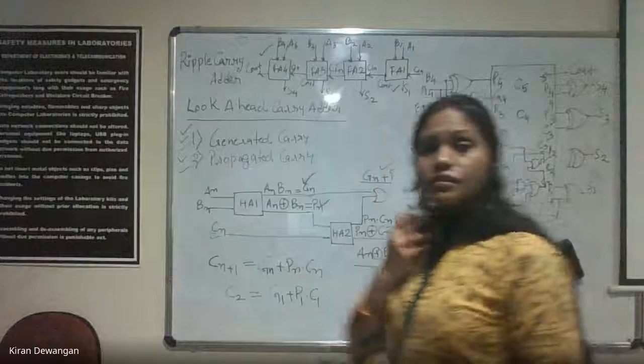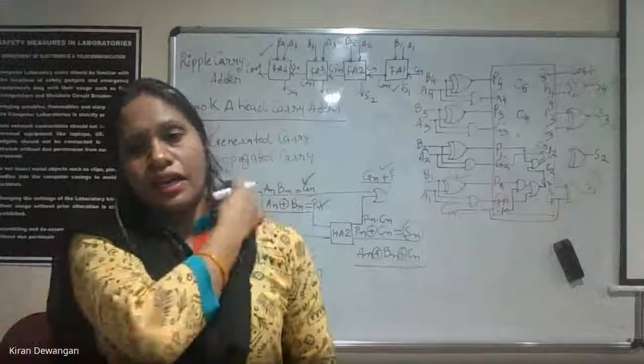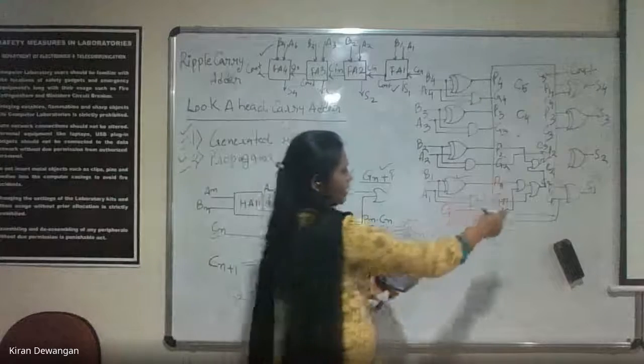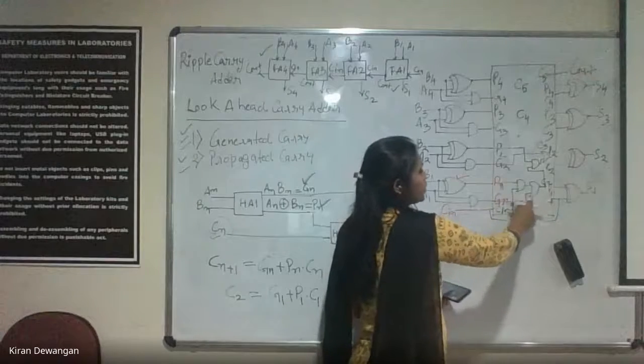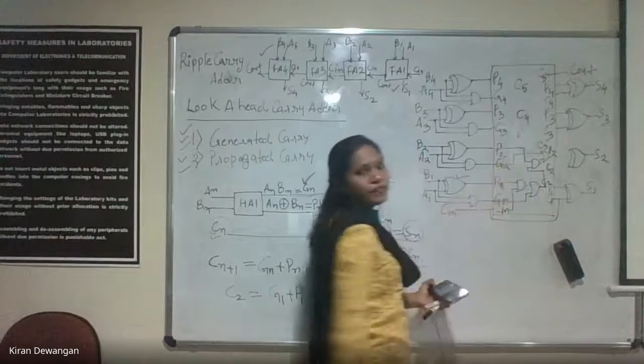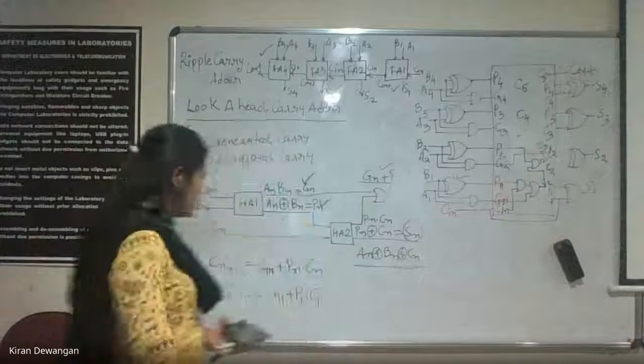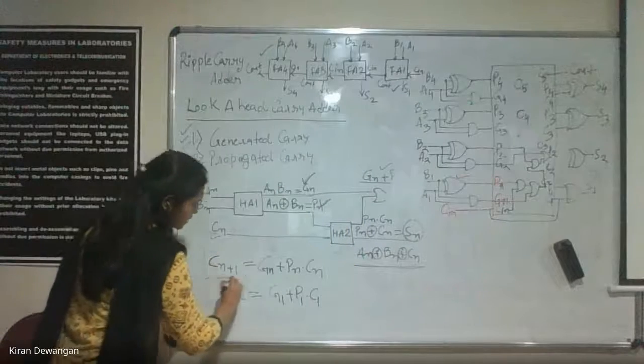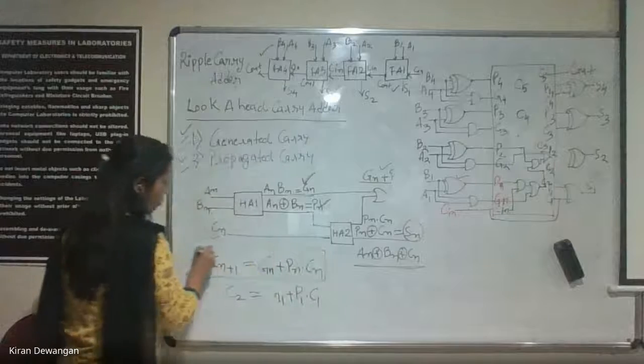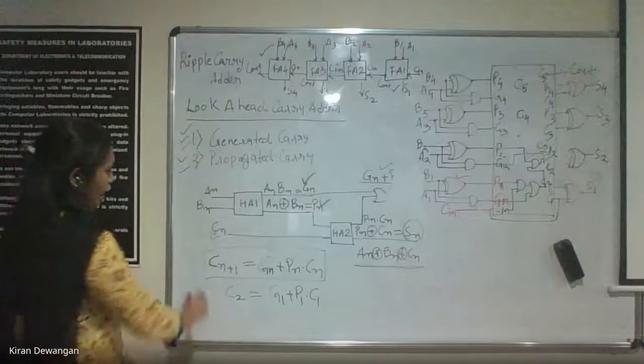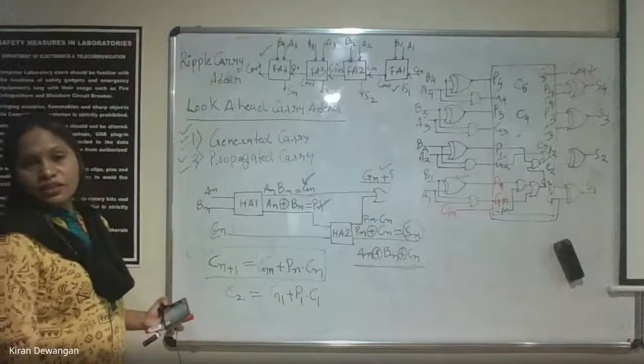Is this clear, students? If anyone is having any doubt? No, ma'am. यहीं पर internally C2, C3, C4, C5 calculate कर रहे हैं. It is only from this formula. ये जो formula है, यही आपका पूरा calculation करता है.